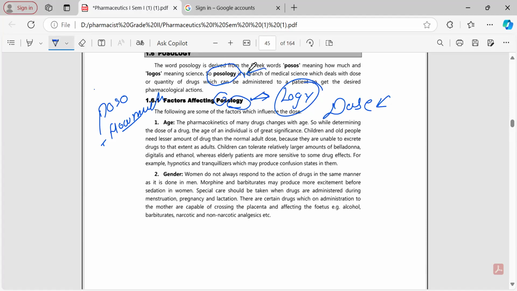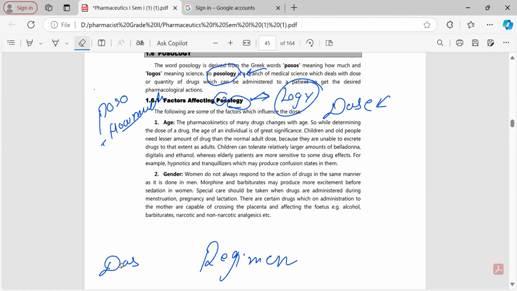So in smaller classes, we'll discuss it as a part of posology. But when we go to the higher classes, the same subject is studied as dosage regimen designing. So in dosage regimen, what do we have? What is the strength of the dose? What should be the route of administration?